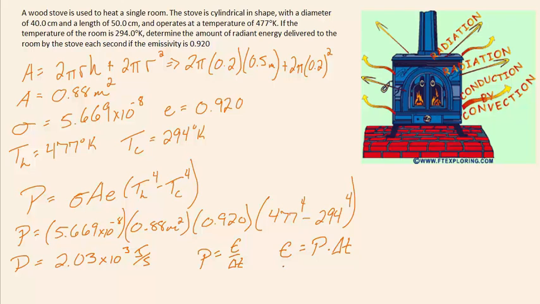So we see that our energy will be equal to 2.03 times 10 to the third joules per second multiplied by 1 second. So we see that our seconds will cancel out, and the total energy that we'll be left with will have a value of 2.03 times 10 to the third joules.